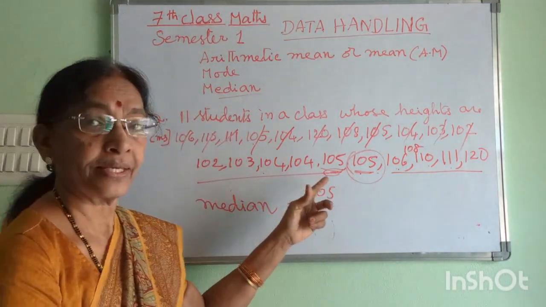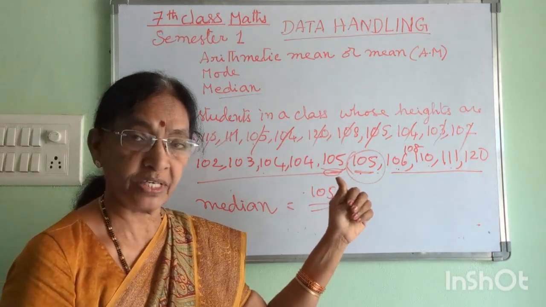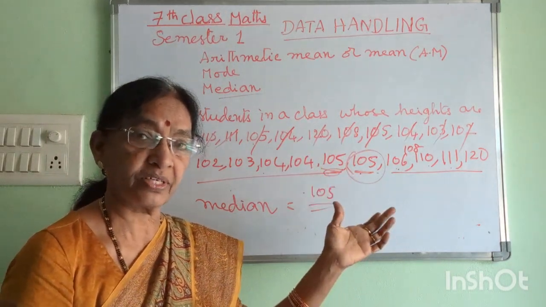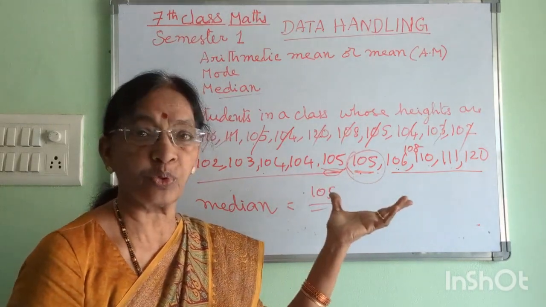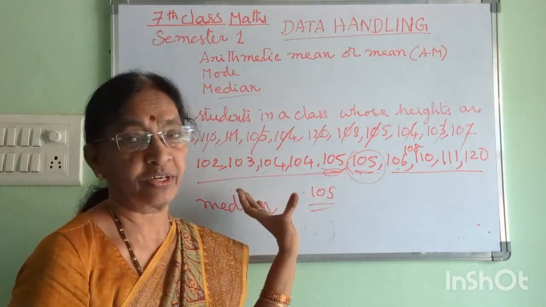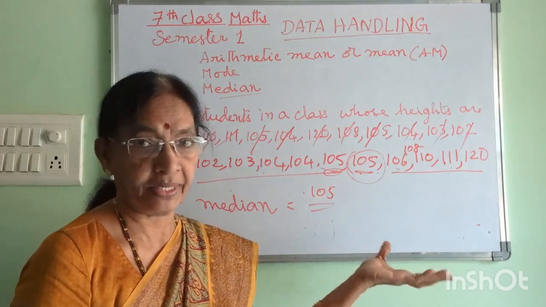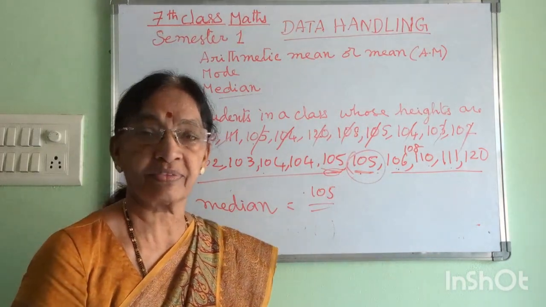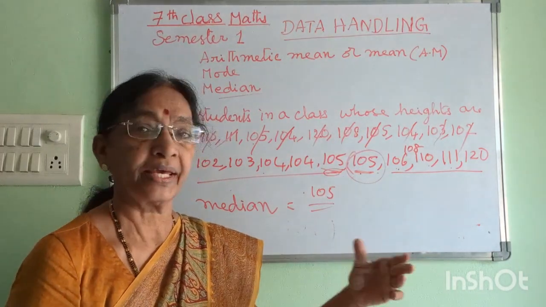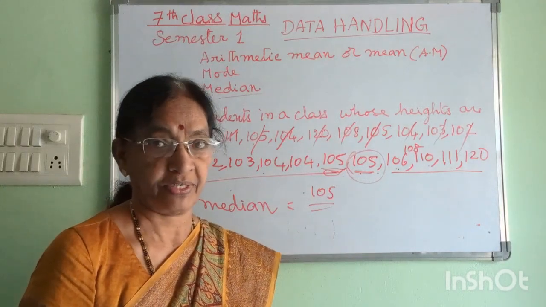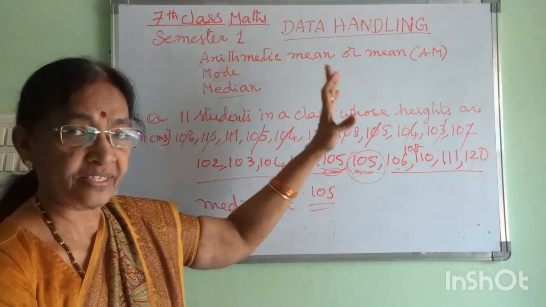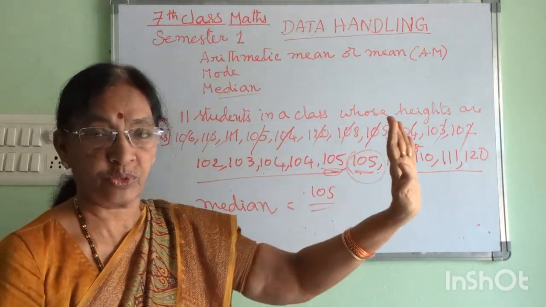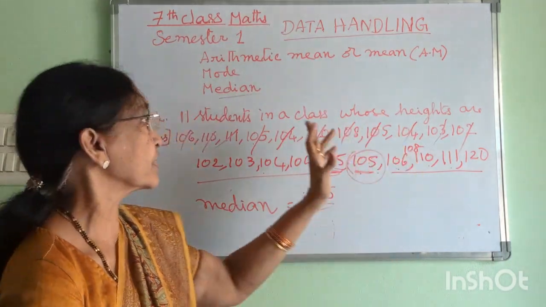Median is the middle number of the observations which divides the observations into two groups. In one group the values are less than the middle observation, and the values of the second group are greater than the middle observation. That is the definition.